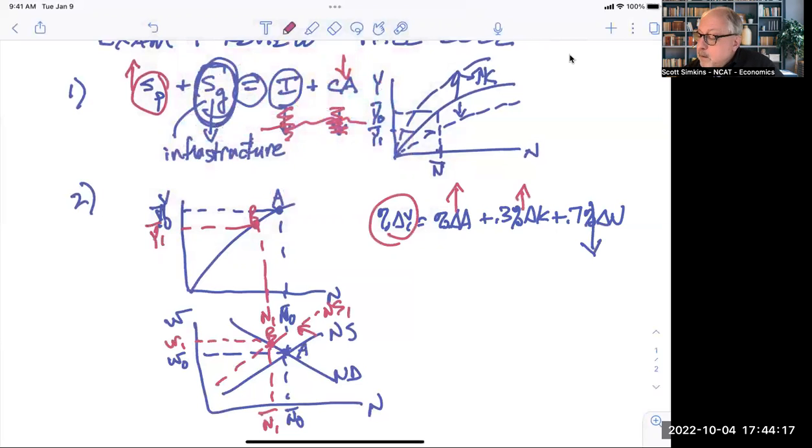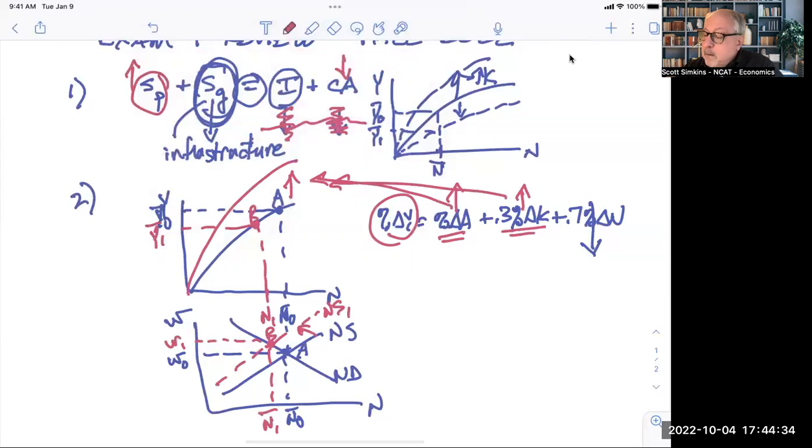If productivity goes up, that's A, or if the amount of capital in the economy goes up, that's K. Either one of those things is going to shift the production function upward.